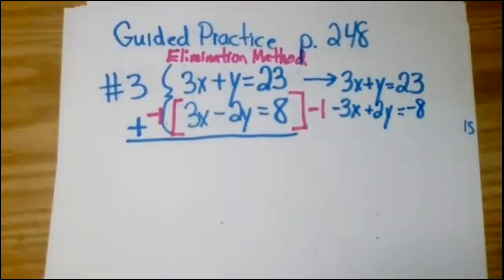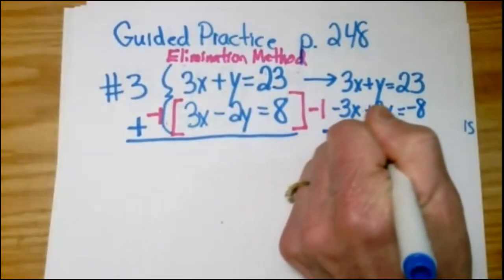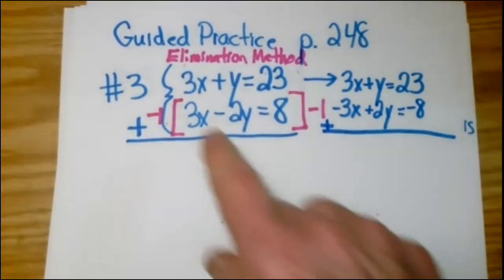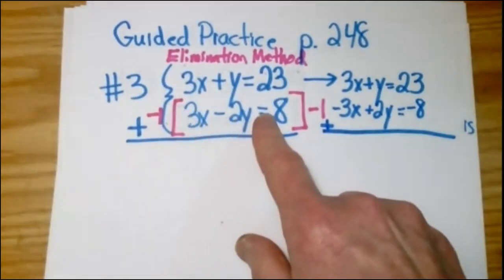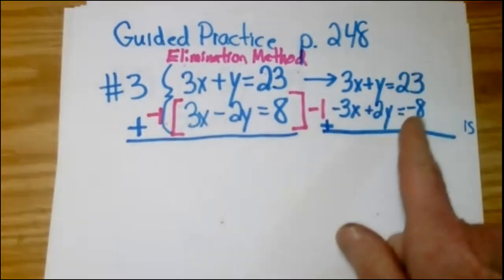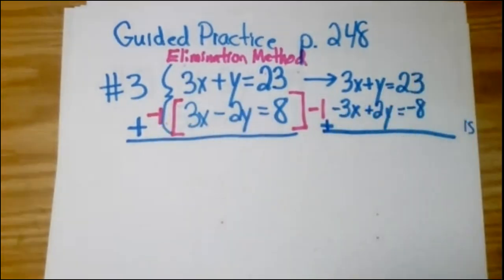Okay, and now I can do my adding of my equations. I have not really changed this equation in any way other than multiplying each number by negative 1. So it's the same equation because I've balanced it by multiplying every number by the negative 1.